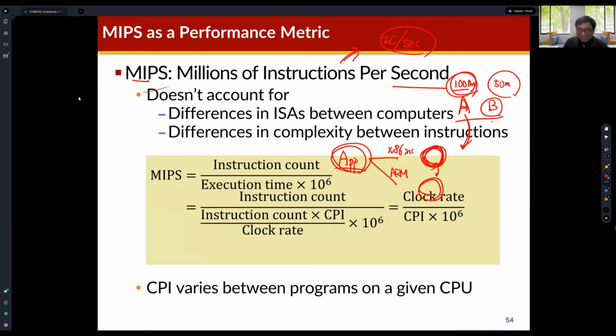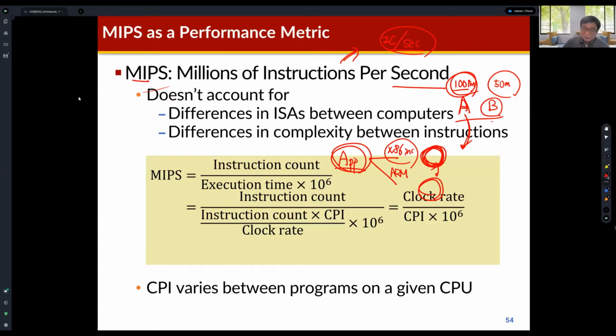So usually x86 is a complex instruction set. So we expect that if the same application is compiled using an x86 compiler, then the number of generated instructions can be smaller. But I said usually, not always. Okay.